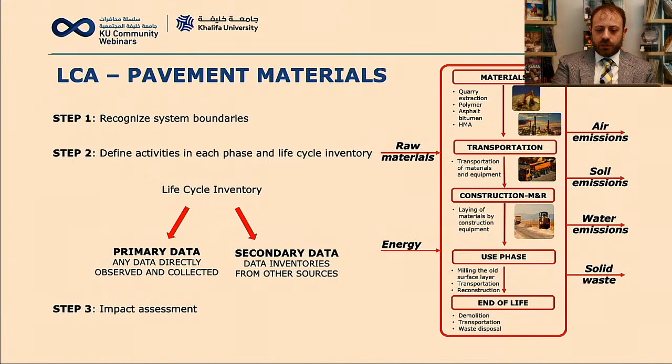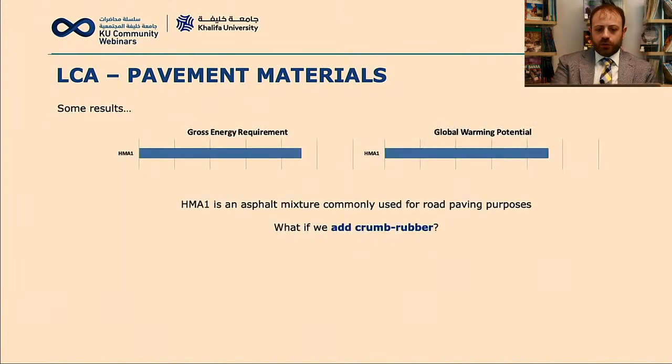I want to share with you now a few results. First of all, I want to share with you the results of the gross energy requirement and global warming potential of a traditional hot mix asphalt, one that has been used for years here in Abu Dhabi.